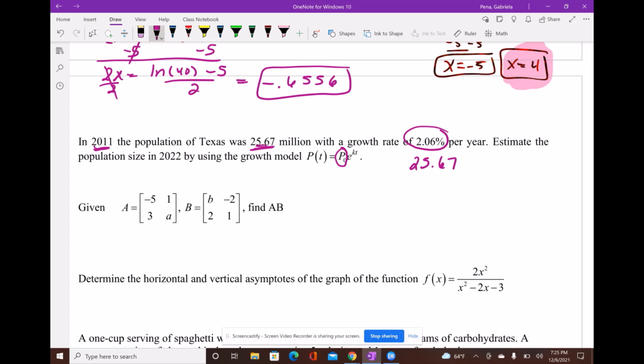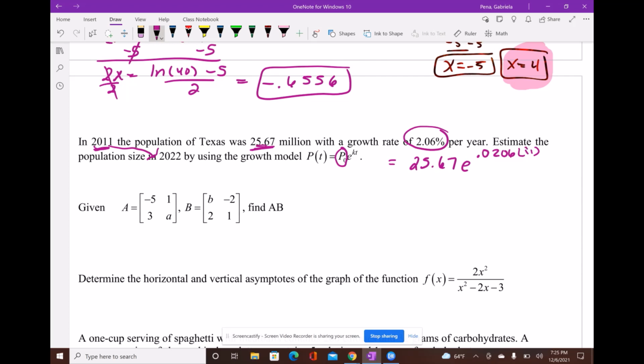That represents your K. But we need to change it to a decimal, 0.0204. How many years are occurring from 2011 to 2022? 11, so we multiply this times 11. Once I do that, that's my answer.